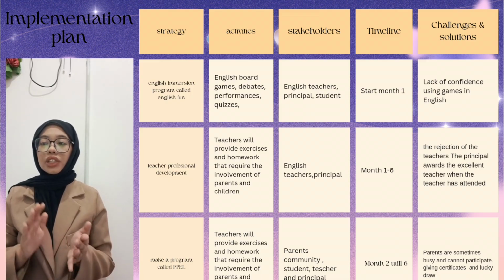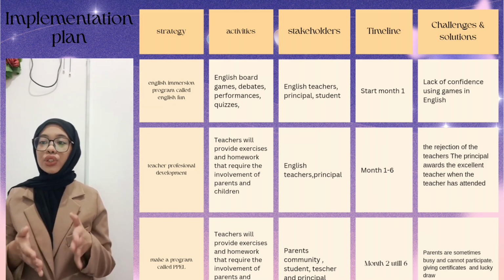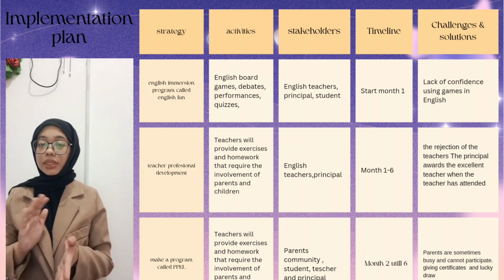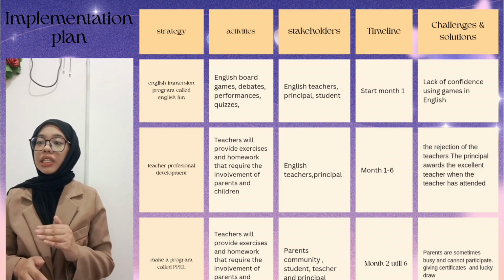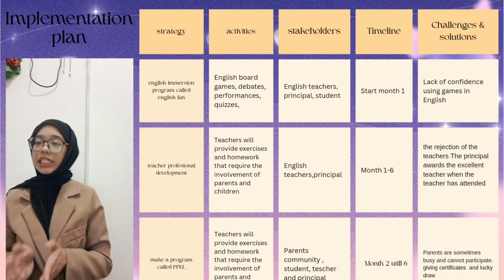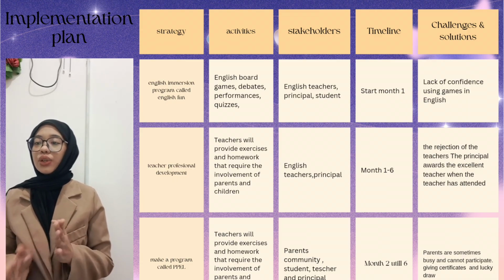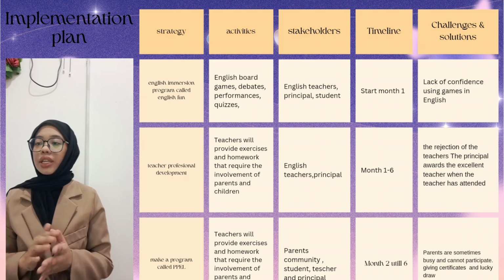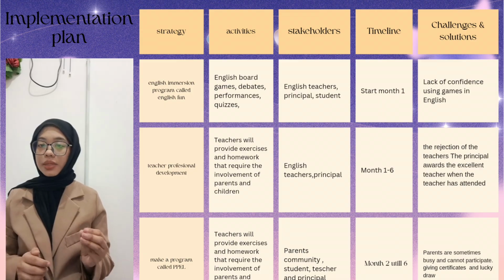The challenge here is the rejection of the teachers due to some teachers being busy and the increasing workload. The solution is that the principal needs to award excellent teachers who have attended many seminars and courses to provide motivation and encouragement.